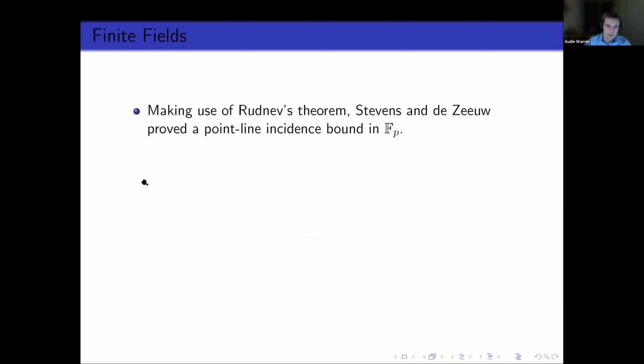Now, this theorem was used by Stevens and de Zeeuw to generate a point-line incidence bound in finite fields. Again, this really should be arbitrary fields, but I will be focusing on F_p.